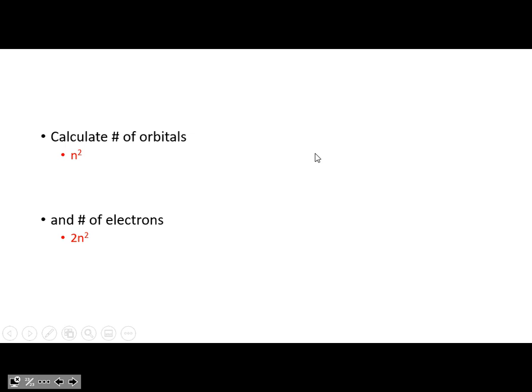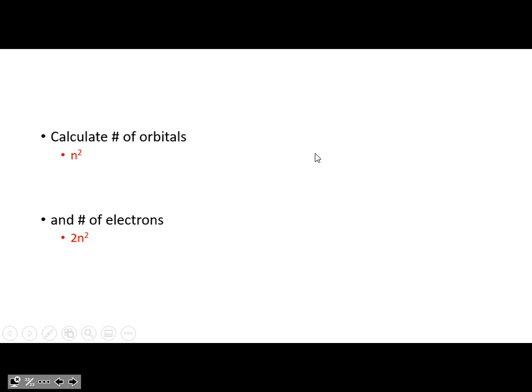So, we know that the first energy level only has 1 orbital, and that's an s orbital, right? So, what is 1 squared? 1, right? So that tells me right there the first energy level only has 1 orbital. Okay, what's 1 squared times 2? That's 2, so it would hold 2 electrons.